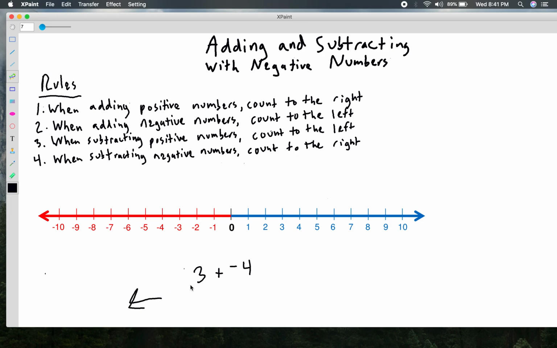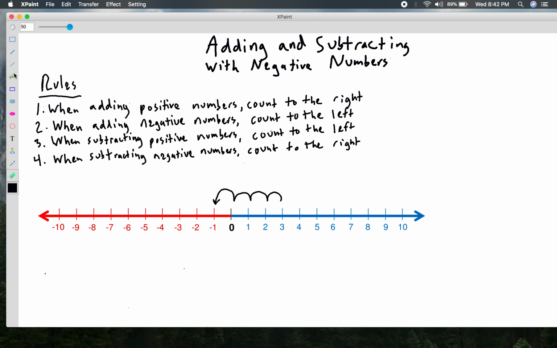I'm adding a negative number to this number, so I'm going to go this direction, 4. 1, 2, 3, 4. And I get to -1. So 3 plus -4 equals -1. So I followed the rule. When you add a negative number, I counted to the left. Okay, that's going to work anywhere I'm at on the number line.